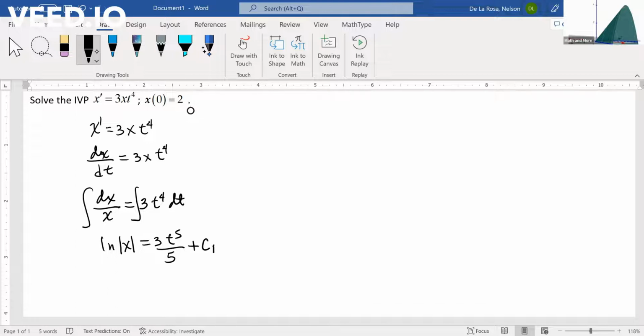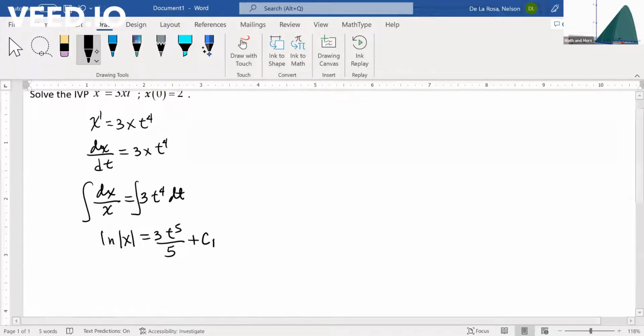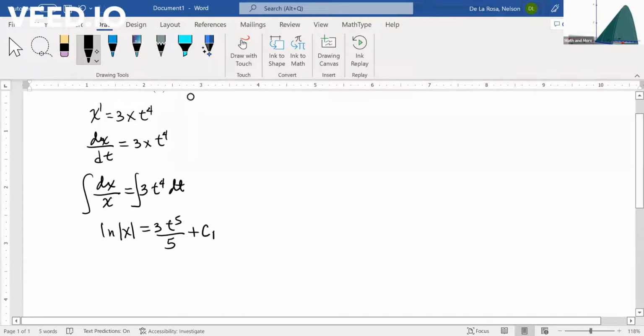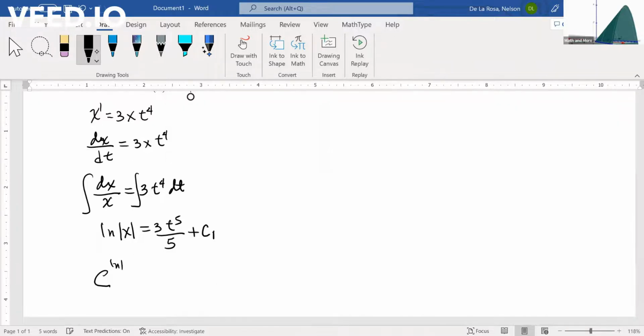That means we are going to isolate the dependent variable, which is in this case x. So how to accomplish that goal? We're going to exponentiate on both sides. e to ln of absolute value of x equals e to 3 t to the 5 over 5 plus c1.